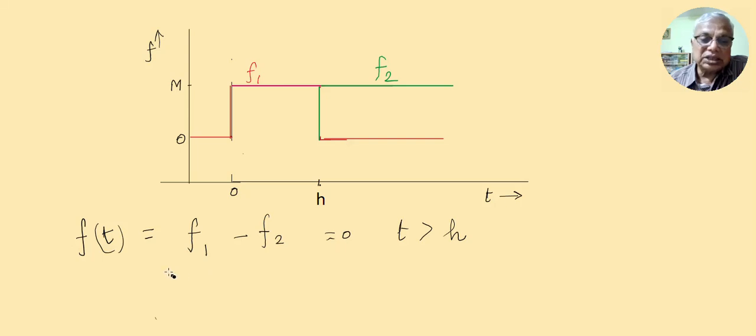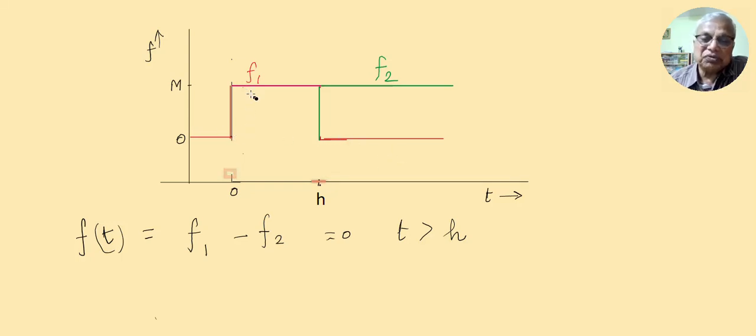Now let us write the algebraic equation for f1 and f2. You know f1 is what? If you see, f1 is a step function. This f1 is step function u of t. If f1 is step function u of t, what is f2? So f2 is the same step function, but its origin is not 0, but shifted to h.